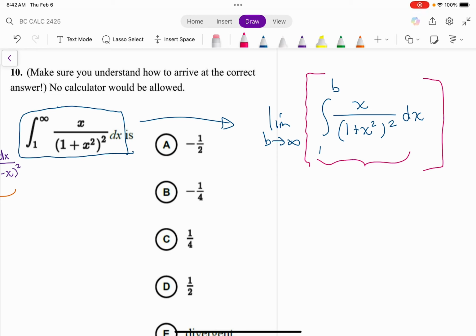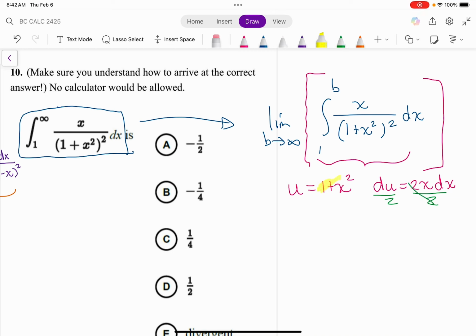Let's let u be 1 plus x squared, and that means du becomes 2x dx, which allows me to say that du over 2 is x dx.